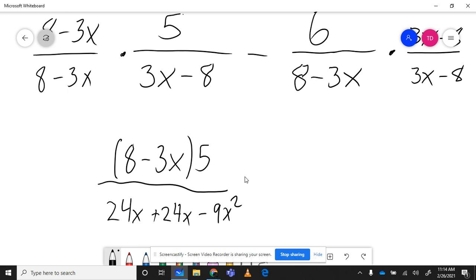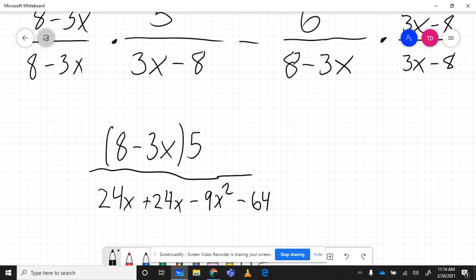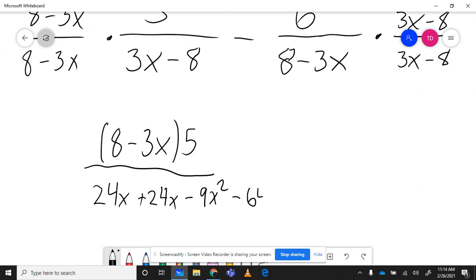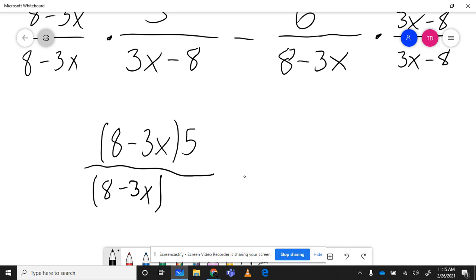And 8 times negative 8, we'd get negative 64. Which actually, together. So let's just do 8 minus 3x times 3x minus 8.